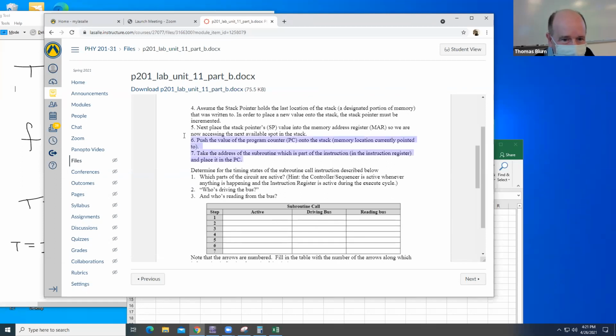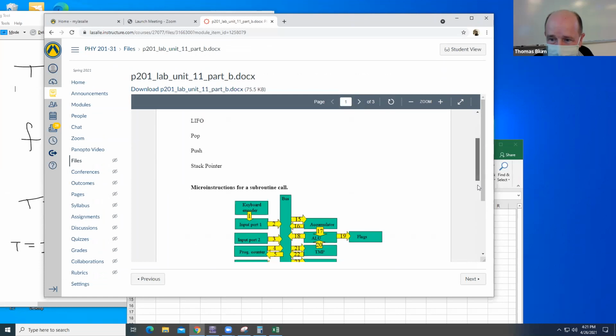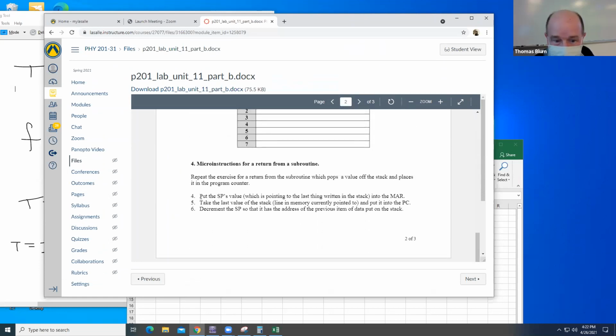You'll note that I start at 4. My explanation, I'm at the top of page 2, and I'm starting with instruction 4. I start at 4 because the first 3 steps are the fetch, and they're always the same.